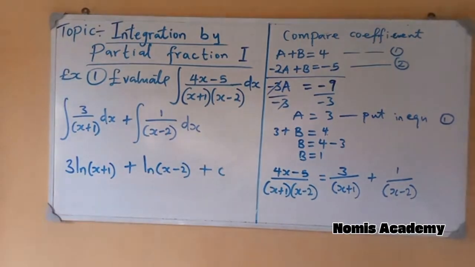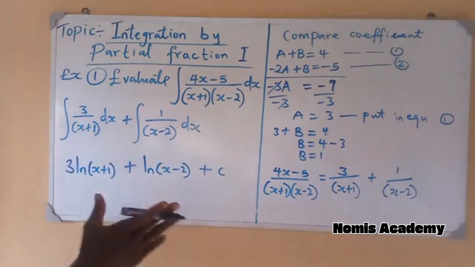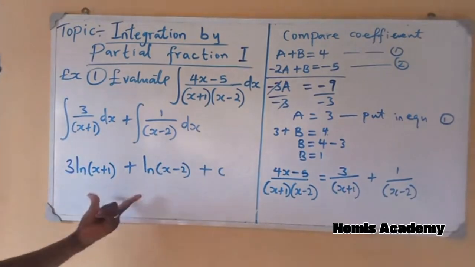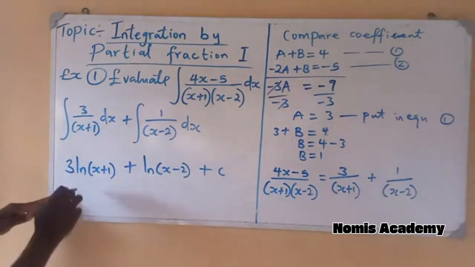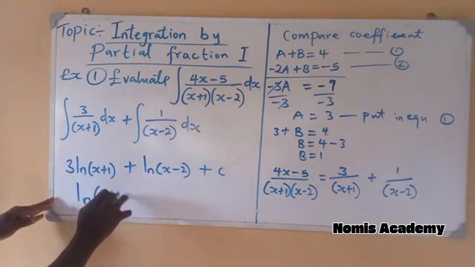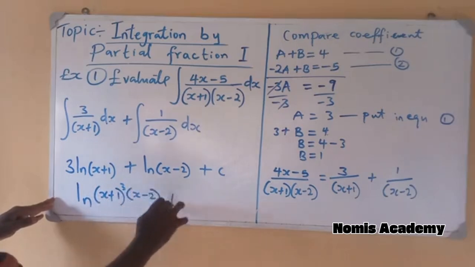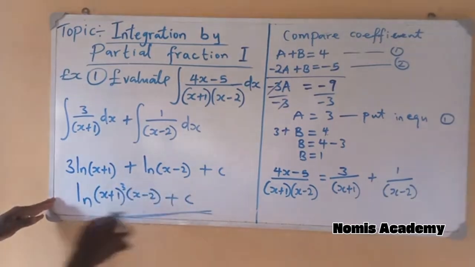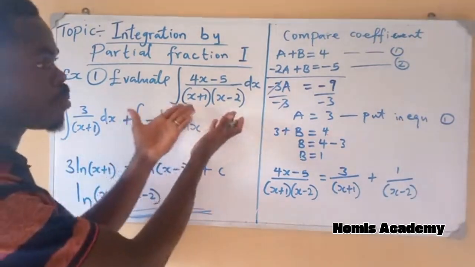You can take this as the final result, or you can go further to simplify. Remember the multiplication law of logarithm; ln is the same thing as log, the natural log. So we have ln|(x + 1)^3 (x - 2)| + c. This can also be the final solution to the problem given.